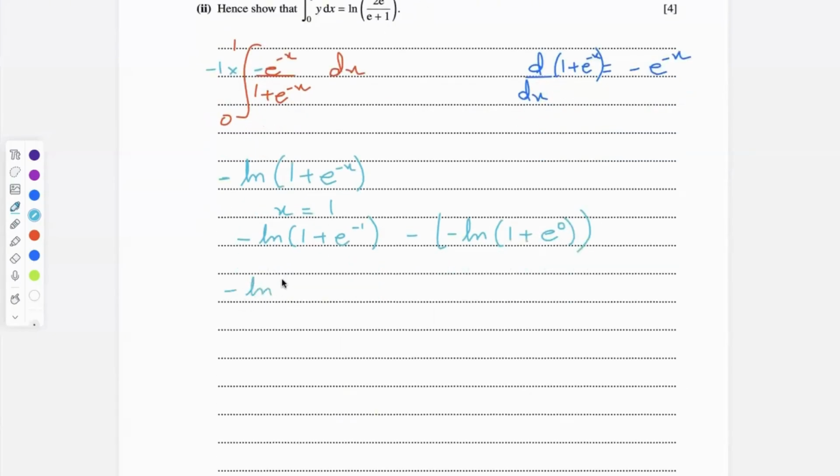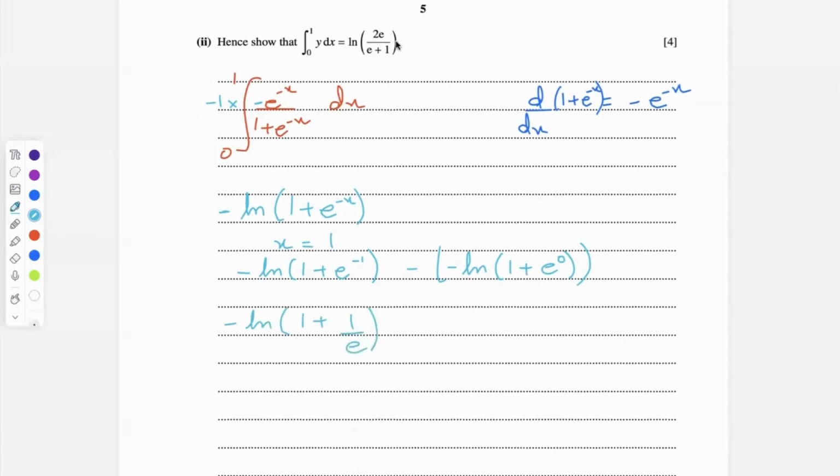Simplifying this, first we can write this as 1 plus 1 upon e, as in the expression, we can see that we don't have a negative power with the exponential function. So now this will become plus ln of, and 1 plus 1 becomes 2. Now to make it easier, we can write this as ln of 2 minus ln of, and over here we can take the LCM. So this will become e plus 1 divided by e.